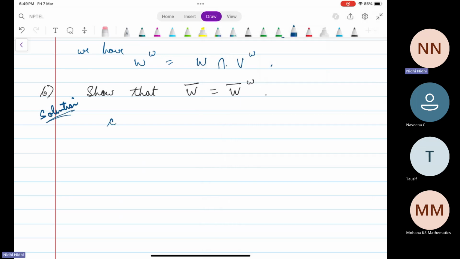Firstly, I claim that the strong closure of W is a subset of the weak closure.